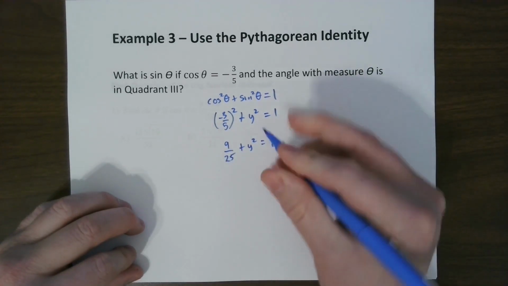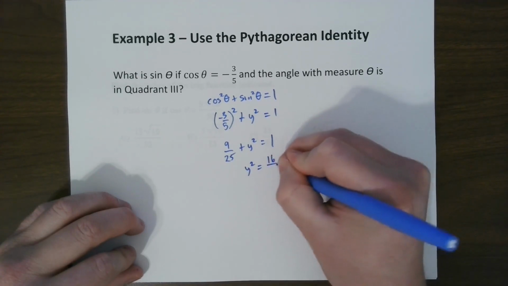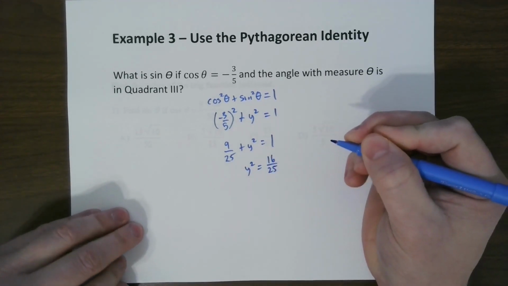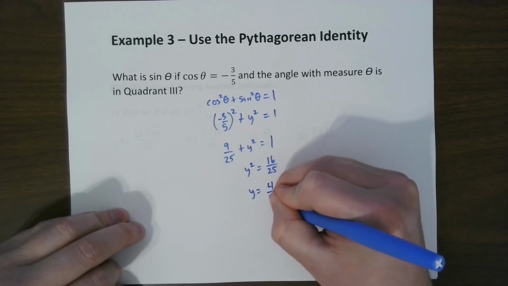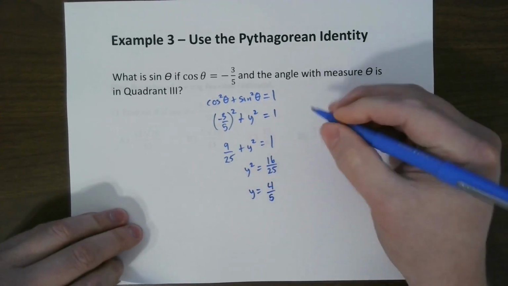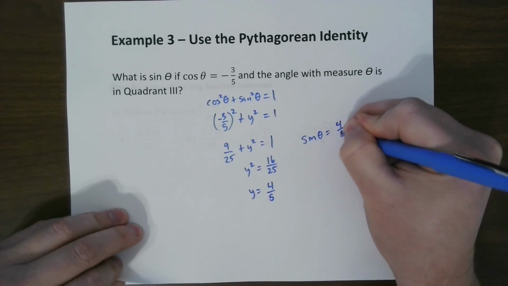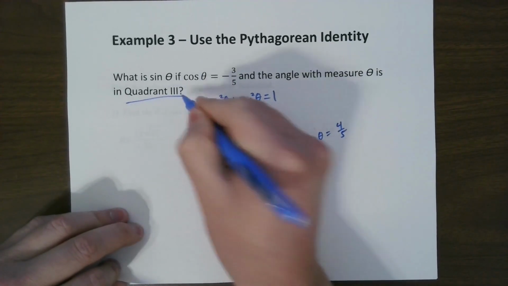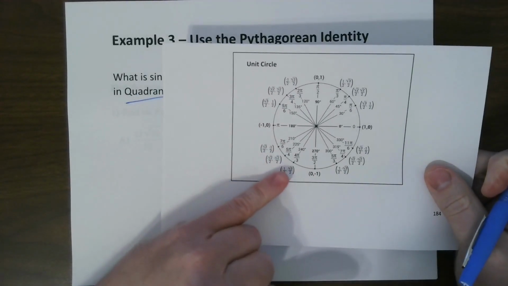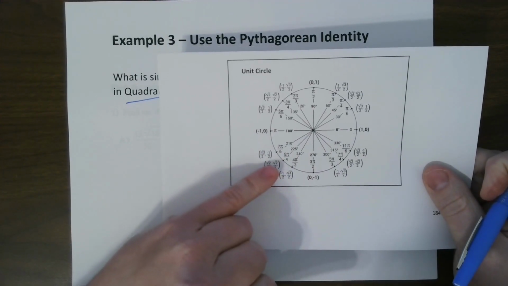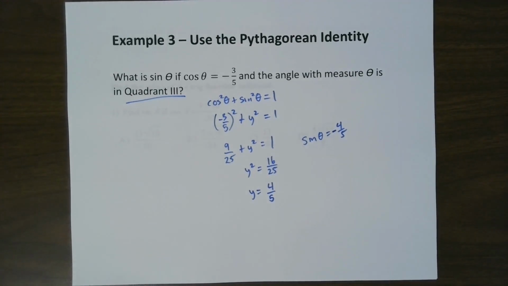We subtract that over, so y squared equals 16 over 25. Then we square root that, so y is 4 over 5. So that's what your sine theta is going to be, 4 over 5. But it says right here we're in quadrant 3, and in quadrant 3, sine is negative. So therefore this must be negative 4 over 5.